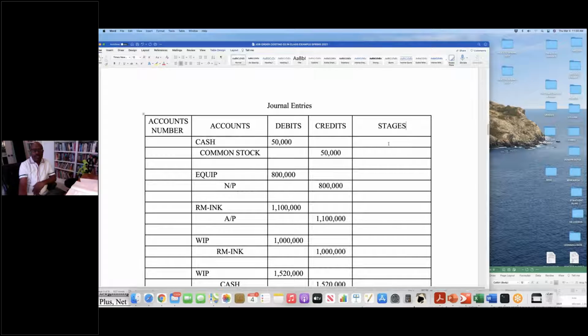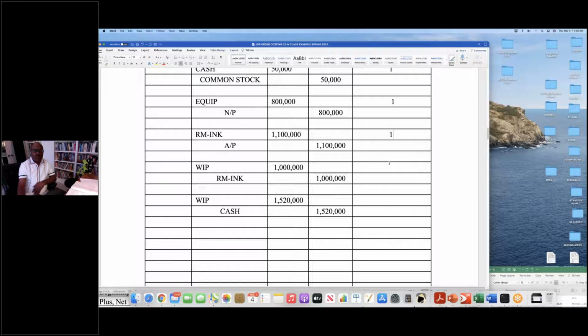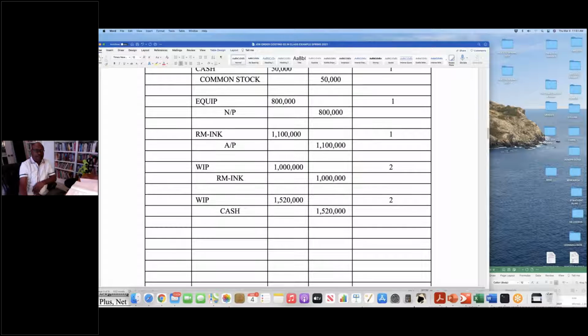So stage 1. Now we're in stage 2. So what's our next journal entry for stage 2?